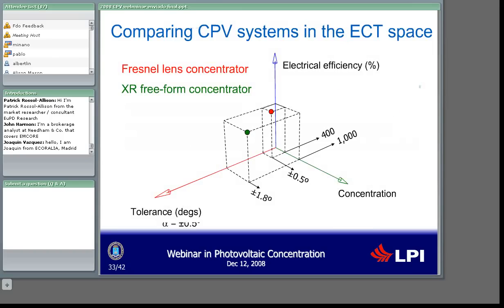So represented in this space, we can see the differences. Here the concentration is higher, so fewer cells are used, or a small cell area. But what is more significant is that the tolerance of the XR is much better than that of the Fresnel lens concentrator.